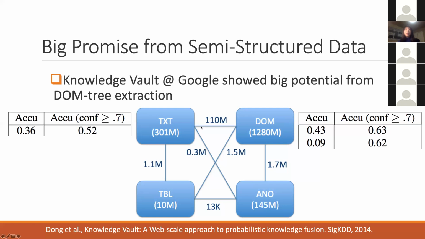In addition, we also see the overlapping triples between different types of content. Again, with this huge chunk of triples, the overlap is actually not that high with other types of web content. We see this much extraction from semi-structured data.